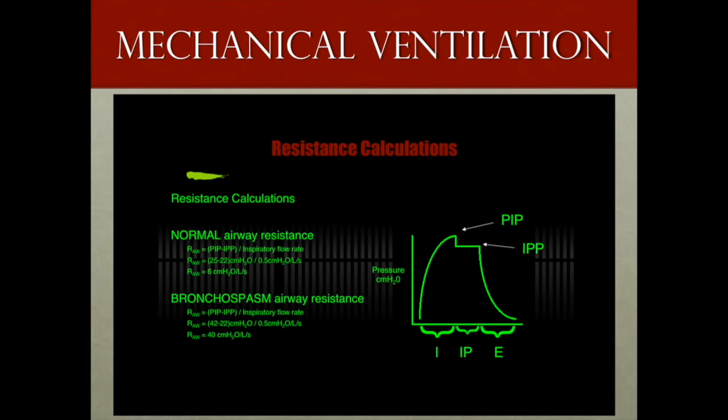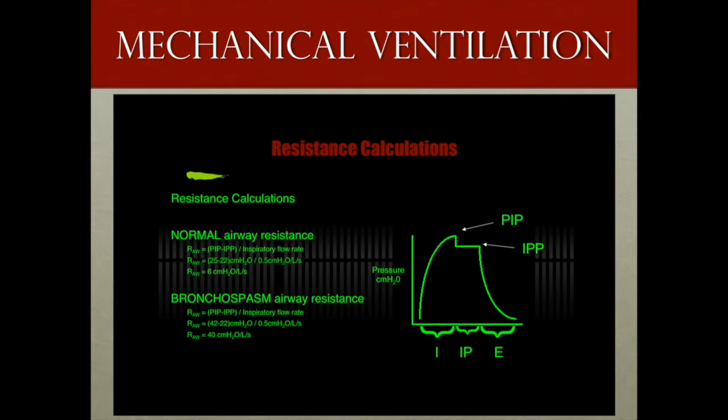Again, we will take resistance and look at it in 2 scenarios, one with a normal airway resistance and one representing airway resistance that has undergone bronchospasm. If we plug in normal numbers for our first scenario, we have a peak inspiratory pressure of 25 and an inspiratory plateau pressure of 22 and an inspiratory flow rate of 0.5 centimeters of water per liter per second.